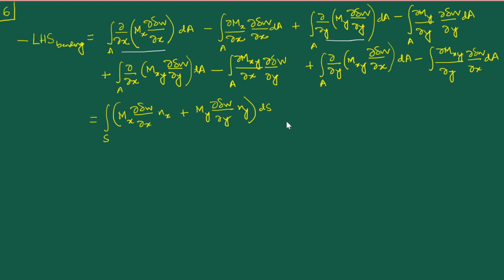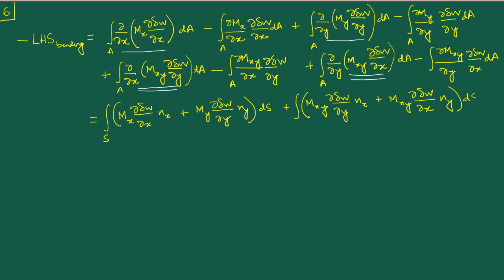Next, I'm going to consider this term together with this term, and what I'm going to obtain is Mxy from here in this ∂δw/∂y nx plus this term Mxy ∂δw/∂x ny, and this also gets converted to a line integration, and the terms that I'm left with are these, this one, this one, this one here, and this one here.